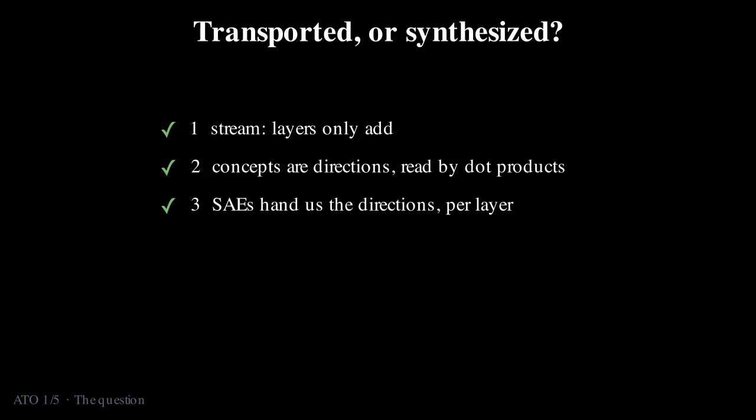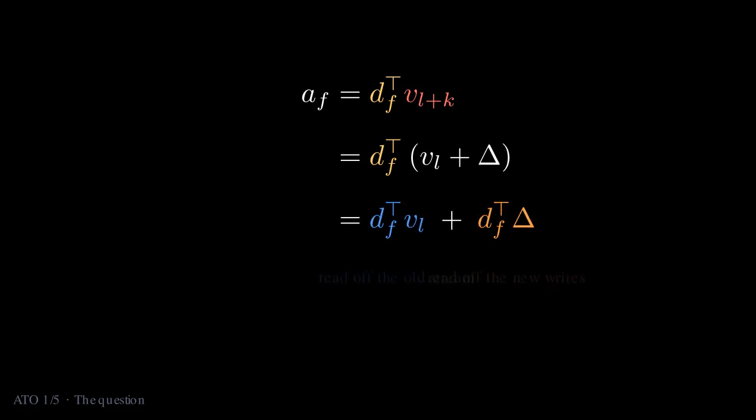Now we can state the question of the paper with real precision. A feature, F, defined by the layer 10 dictionary, fires on some token. Unrolling tool 1, the stream at layer 10 equals the stream at layer 6 plus delta, everything written in between.